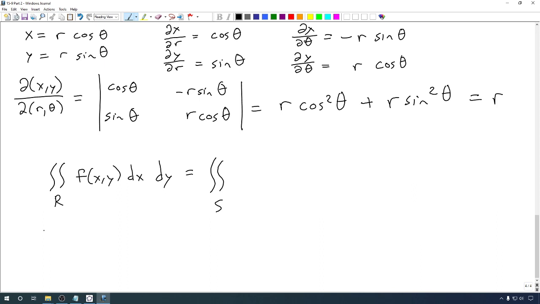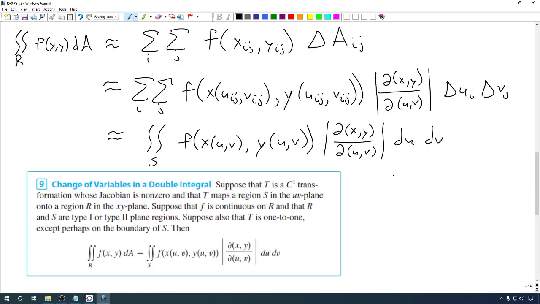You have to figure out exactly what the s and r actually are in whatever case you're working with. I just want to write down the formula here. X is going to be replaced by r cosine theta. Y is going to be replaced by r sine theta. We put in the absolute value of our Jacobian, so we're putting this thing in there.